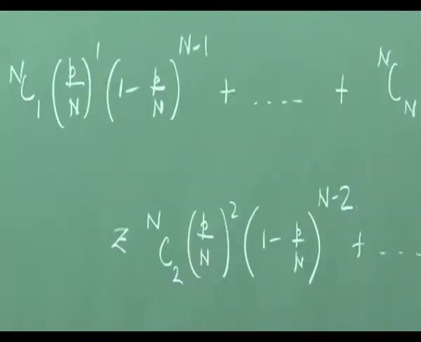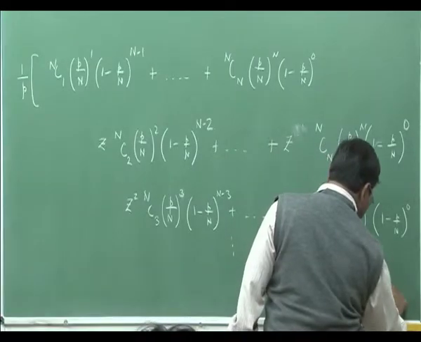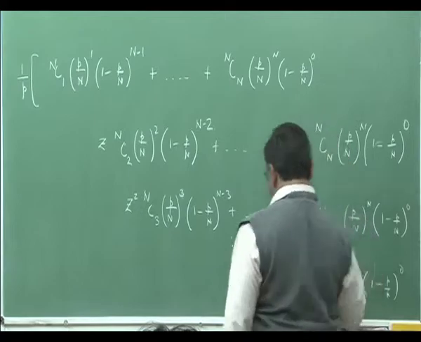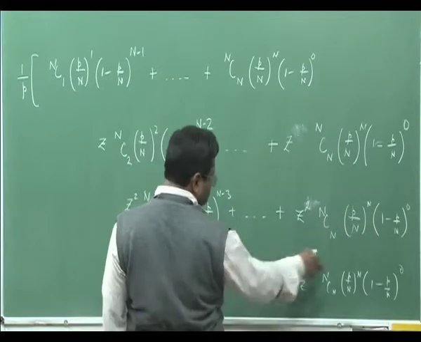Z is for n. Last row will always actually have only one term.